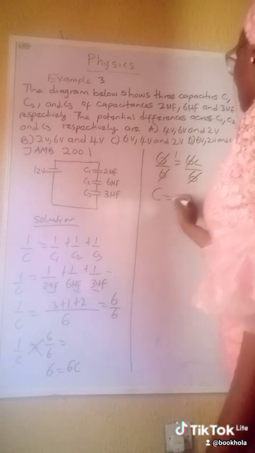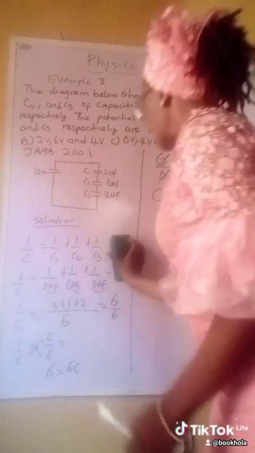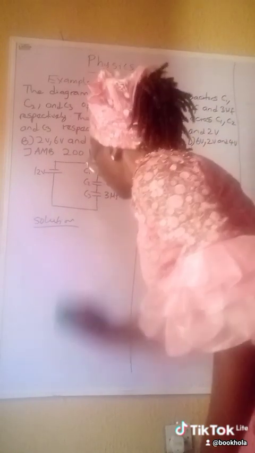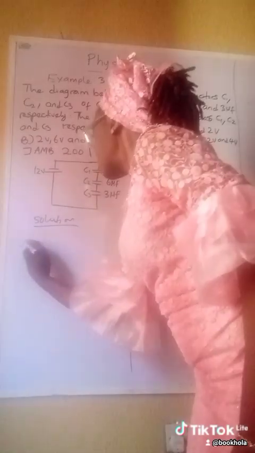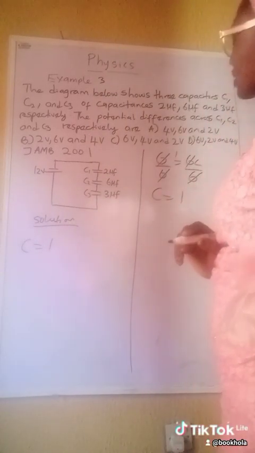So our C is equal to 1. Permit me to wipe this side. We have gotten our C to be 1. So that's one of our parameters. We have found the combined capacitance to be 1. Now we can do other things.